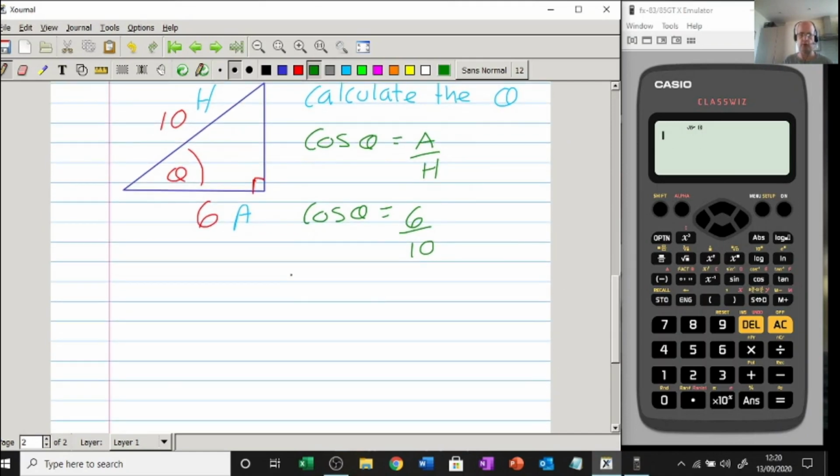Now what some people are going to do, they're going to do cos of the angle, 6 over 10, and all they're going to do is 6 divided by 10.